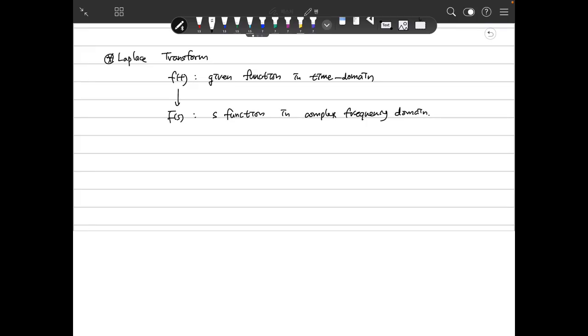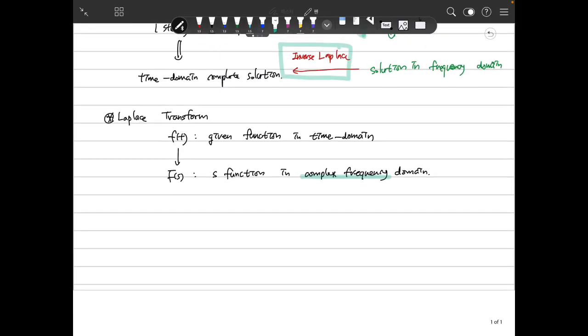The difference between phasor and Laplace is the complex frequency. In the phasor case, we transform the circuit with f(t) to F(jω). But in Laplace, we change f(t) to F(s).